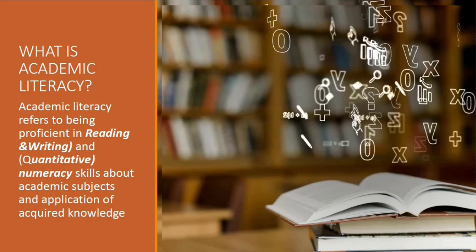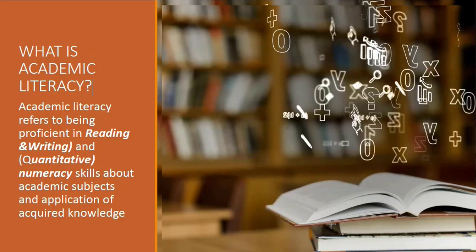So academic literacy's purpose is to assist you with the application of the content. For instance, when you read, you are applying the skills of understanding whatever you are reading about. Whereas with tutoring, they will just deal with your content without giving you the skills to say, how do I approach whatever I need to deal with?